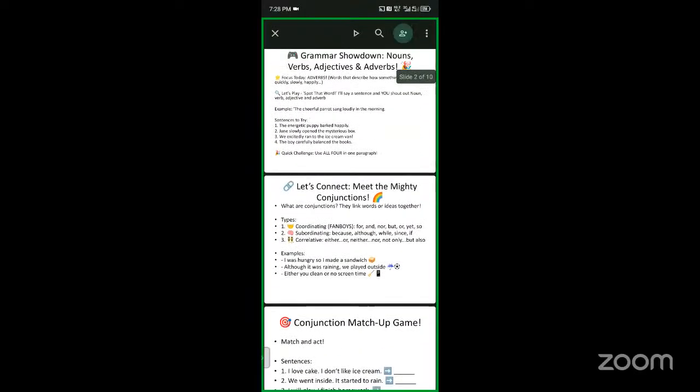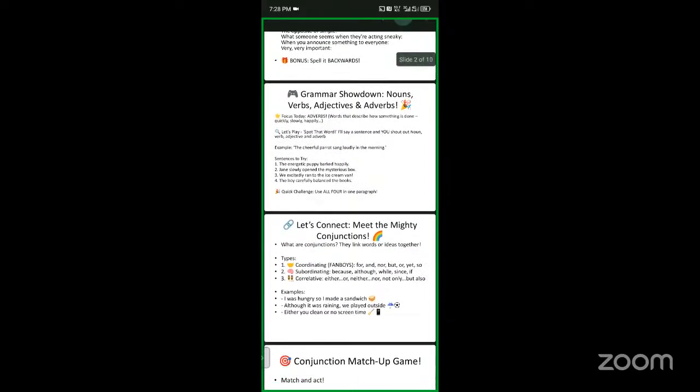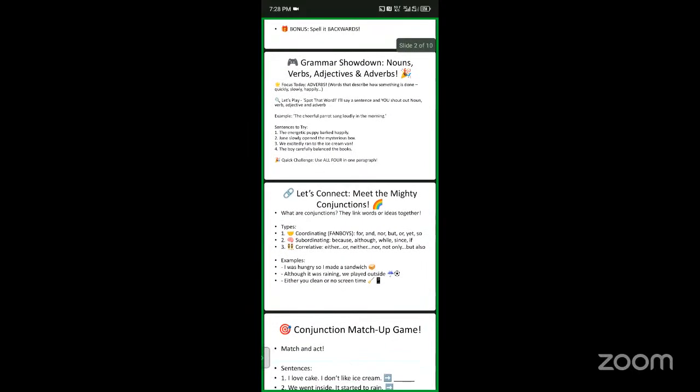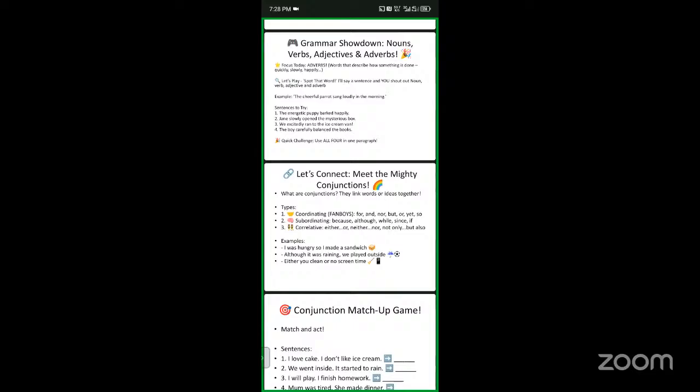So we've done all of these. We're supposed to start with conjunctions. You can see my screen, right? Yeah. Great. So we've talked about nouns, verbs, and others. This is another very important part of speech. One major thing you need to know about conjunctions is that they link ideas together.